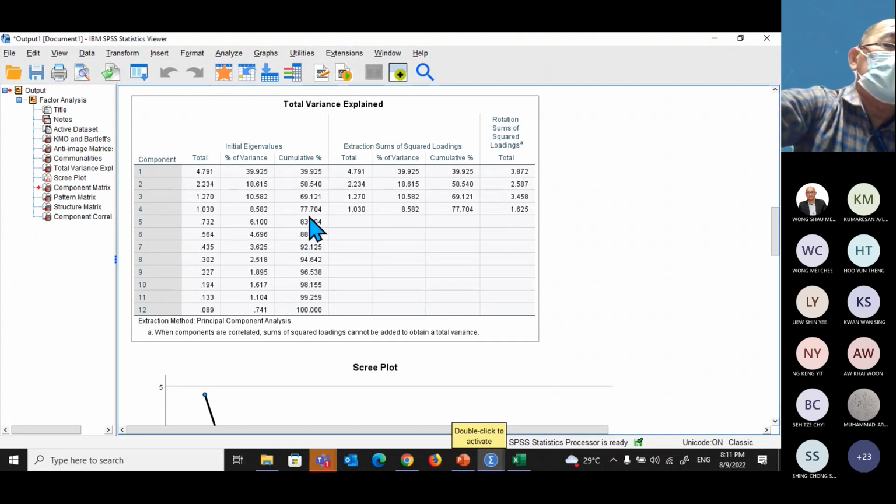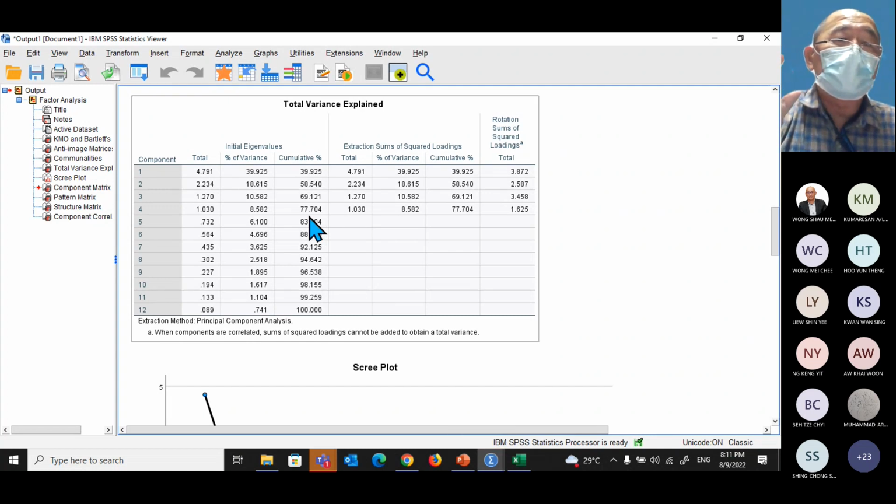What is the meaning of 77.7? If you consider these four factors, you already consider the total variation. It means you already consider the important factors. Already sufficient. You have to extract the important factors from these many variables.